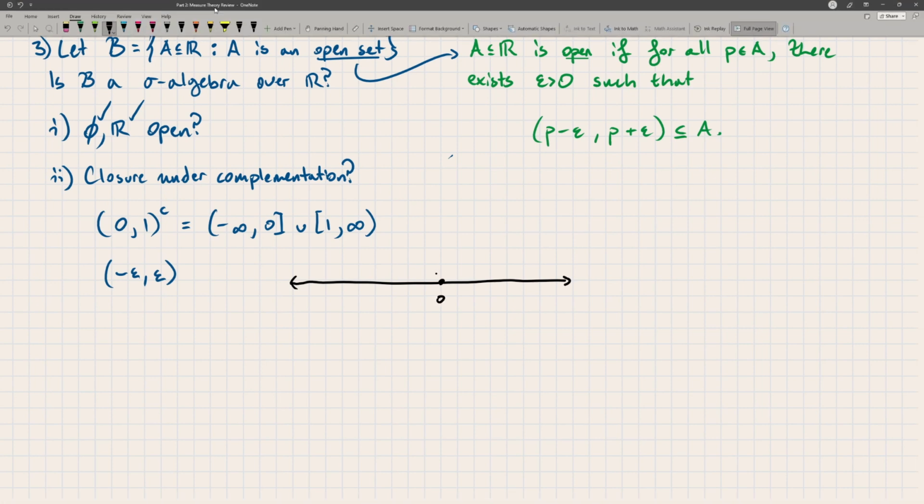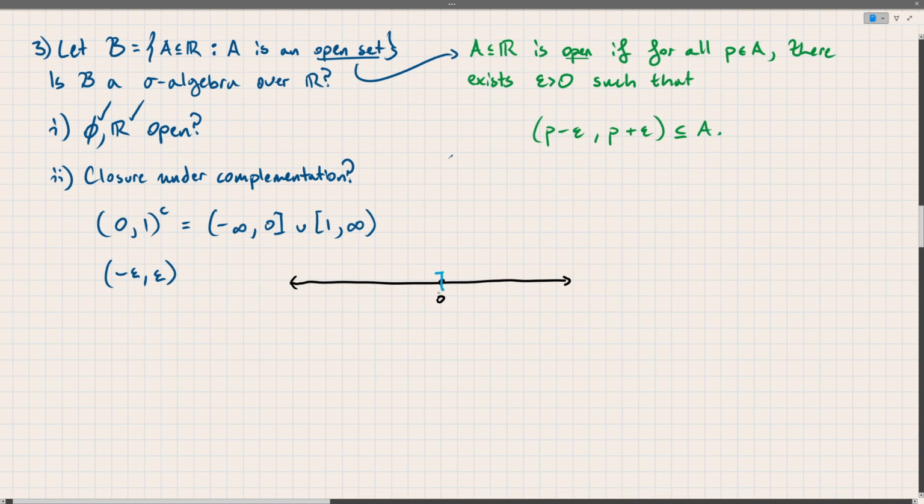And this set in question is this closed ray that shoots off in this direction, and then we have this same story at 1. We have this closed ray that goes off in this direction.